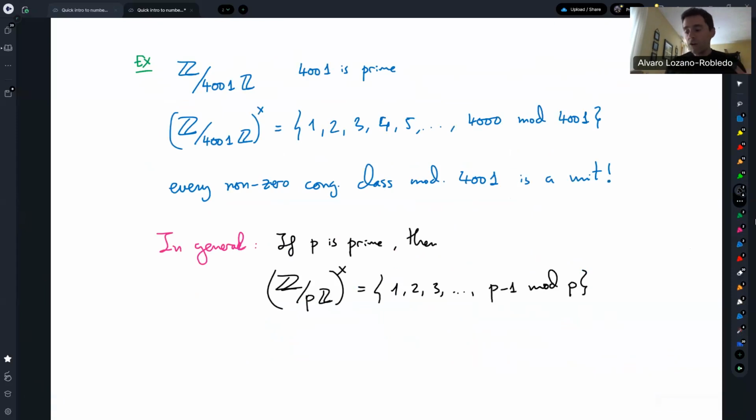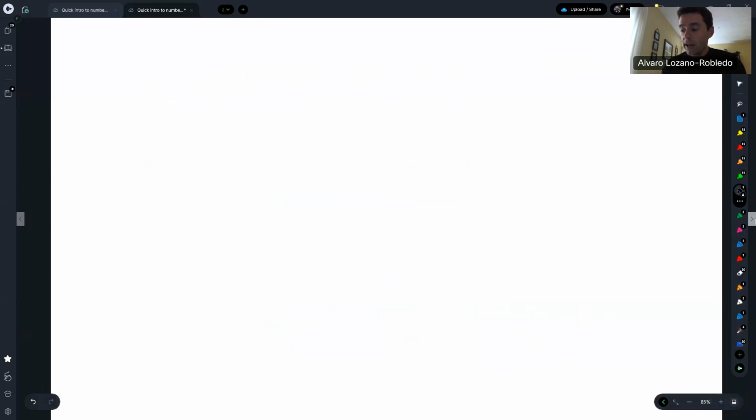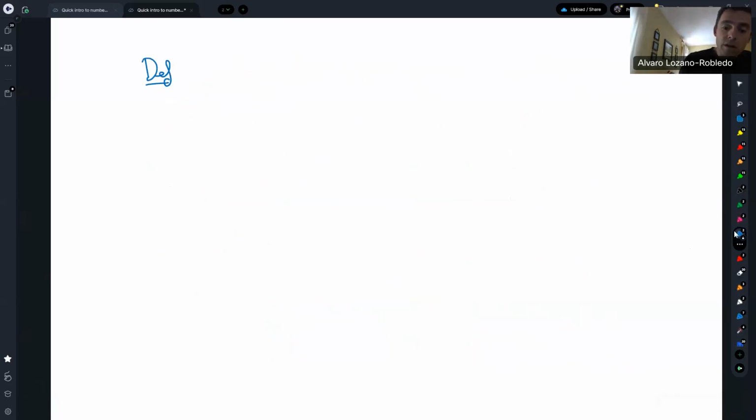In general, how many units are there? That's a slightly tricky question to answer. And what we do is use something that Euler found. It turns out that Euler's phi function does exactly the job of counting how many units there are modulo m.